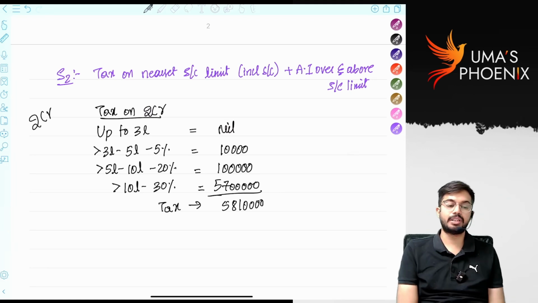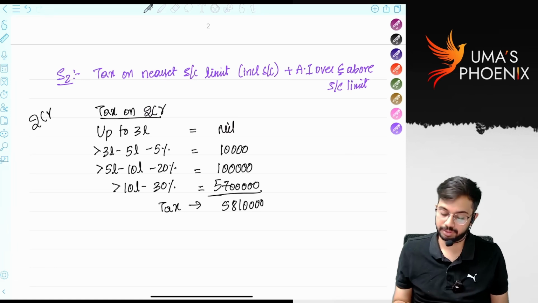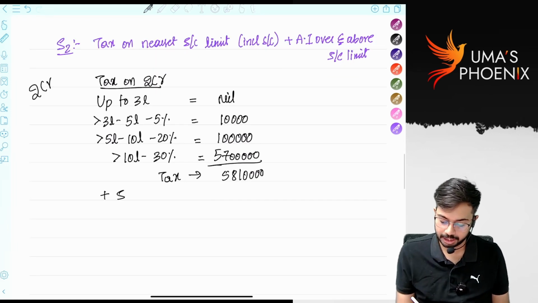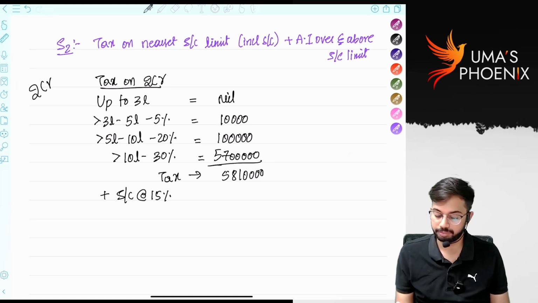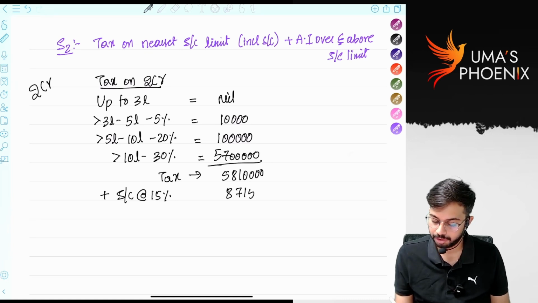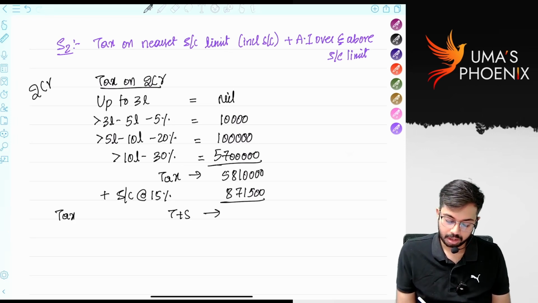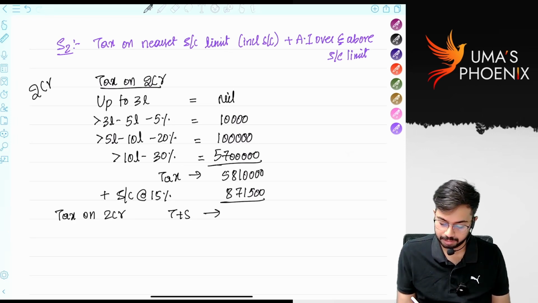Whether surcharge is applicable? If total income is up to 2 crores, surcharge is 15%. Add surcharge at the rate of 15%. How much? How much is tax plus surcharge? Tax on 2 crores, right?